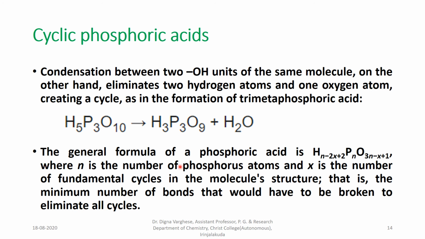The general formula of a phosphoric acid is H(n minus 2x plus 2)PnO(3n minus x plus 1), where n is the number of phosphorus atoms and x is the number of fundamental cycles in the molecular structure, that is the minimum number of bonds that would have to be broken to eliminate all cycles.